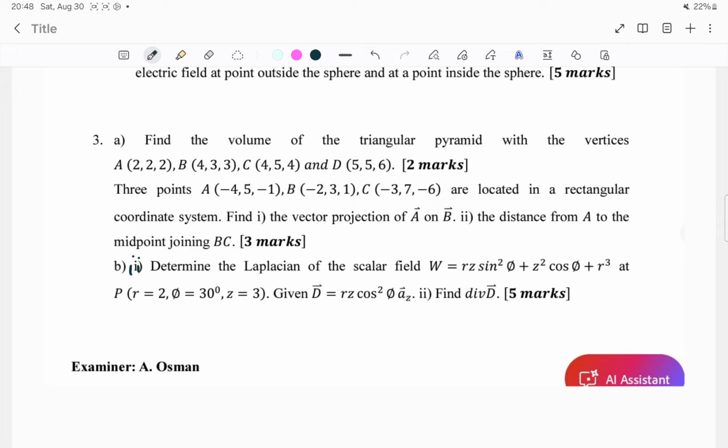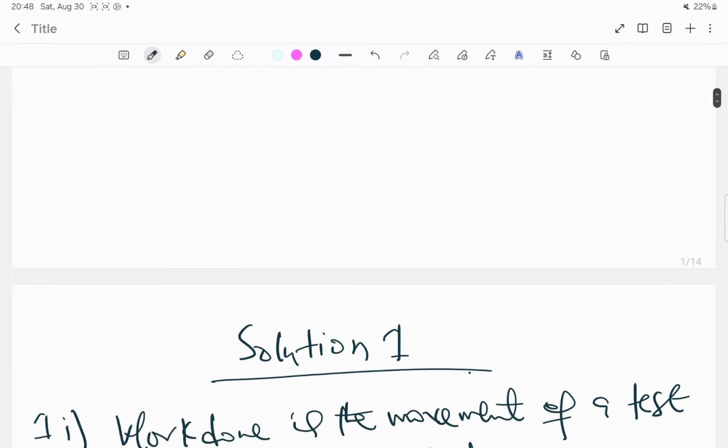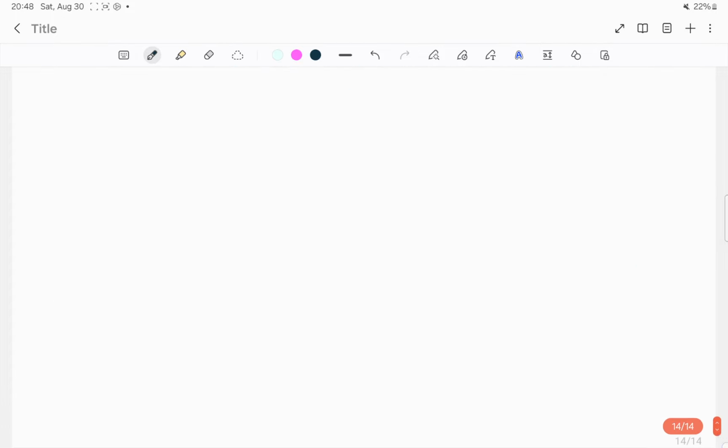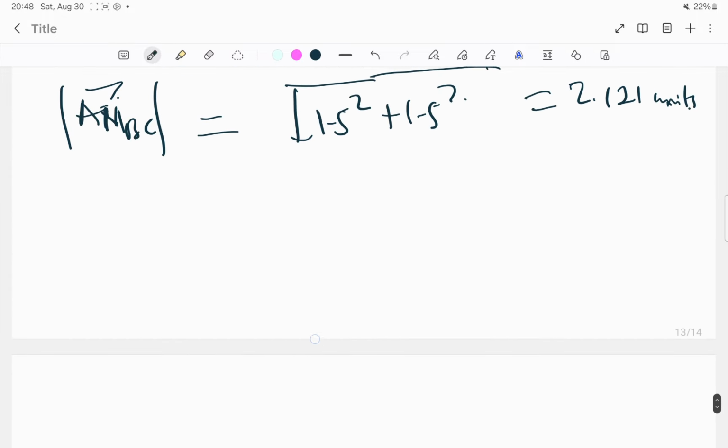So here first we have to find the Laplacian of this. Now when it comes to finding the Laplacian, the Laplacian is what? The divergence of the gradient of a scalar field.